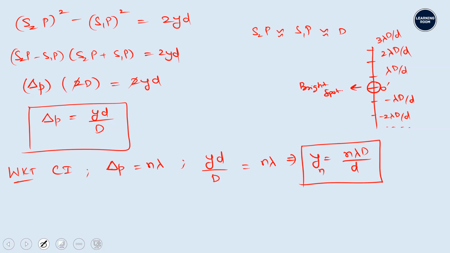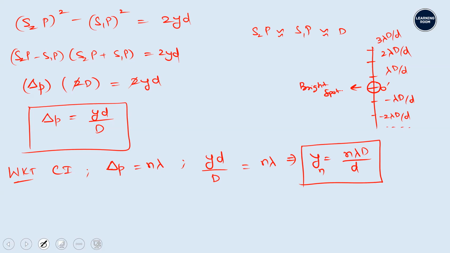Okay, it will be a bright spot, because when we say constructive interference, what should be the path difference? It should be n lambda, where n can start from 0 also. Means if the path difference is 0 also, you have a constructive interference taking place. This is an important point I want you to remember, right? And why is this point having a bright spot?